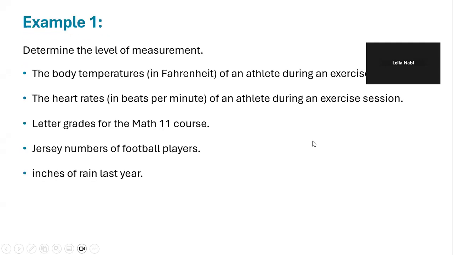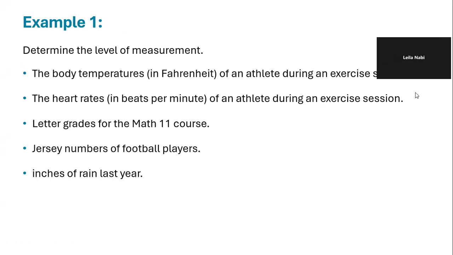So let's look at this example. We want to find the level of measurement of each of these topics. The body temperature in Fahrenheit of an athlete during an exercise. Body temperatures are numbers in Fahrenheit.